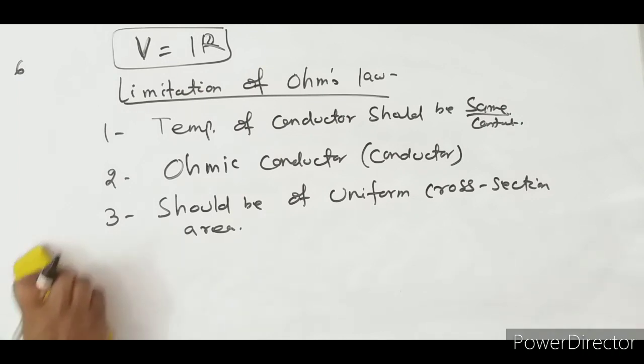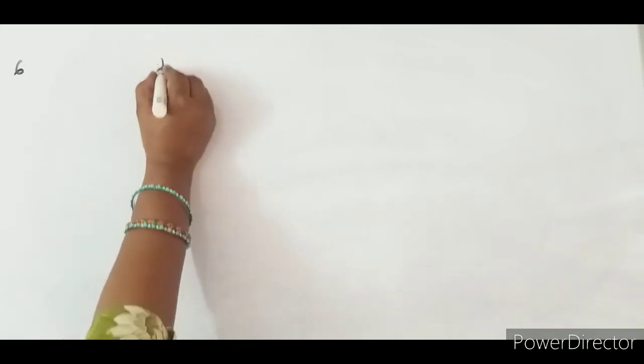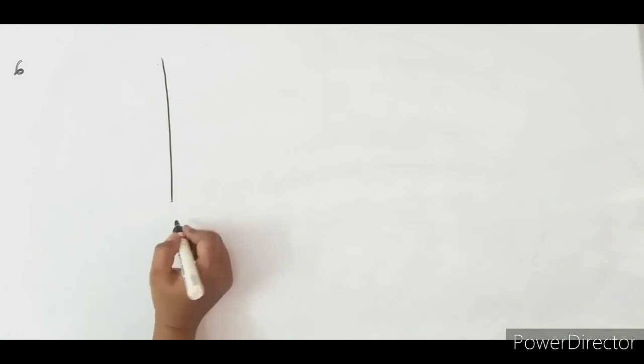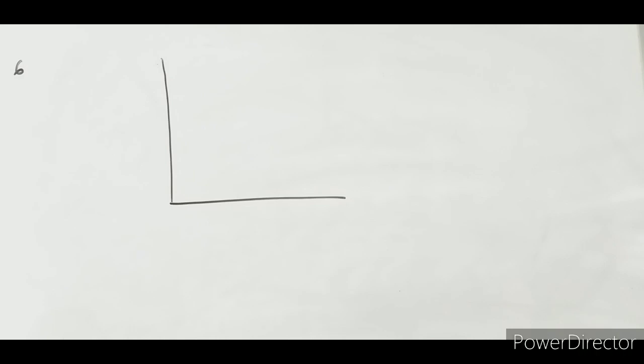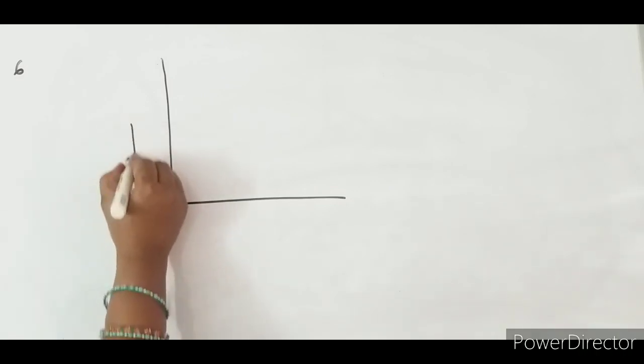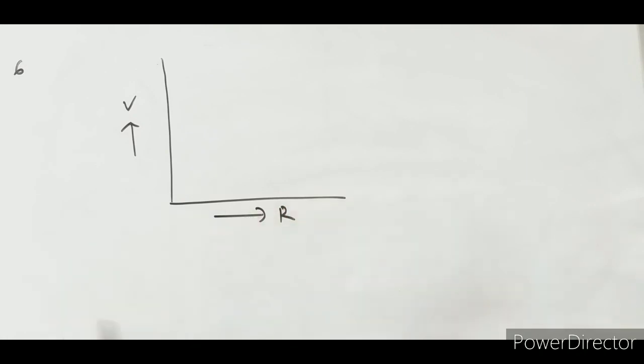Now we will go for the graph represented by Ohm's law. Let us see what the slope of this graph is. Let this axis be V and this one be I. We have two types of conductors.